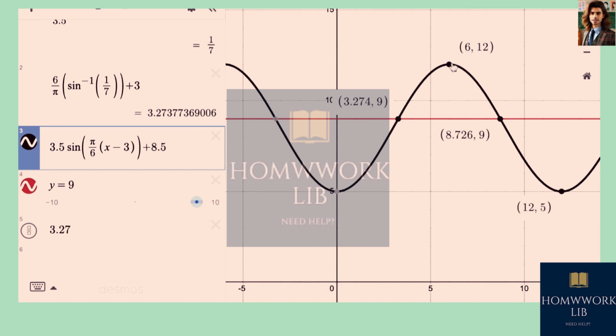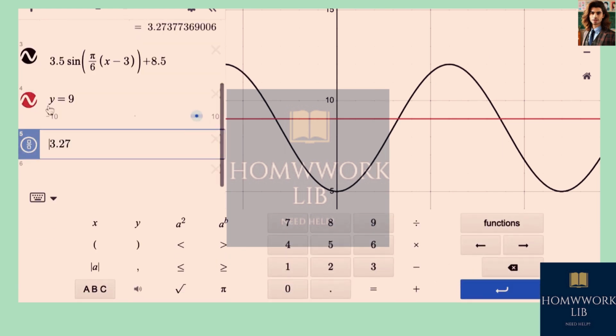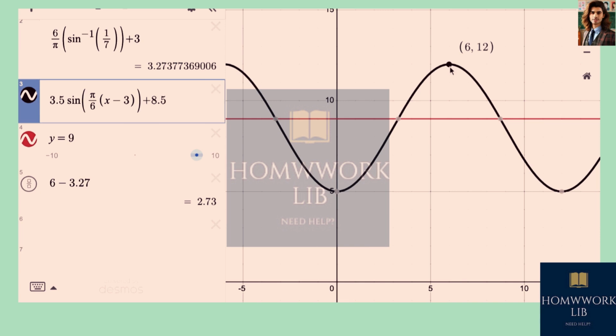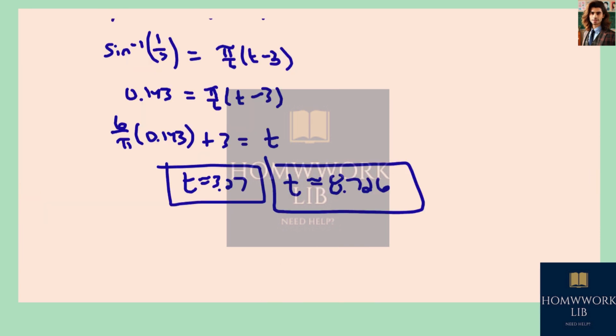And then this midline at 6, the difference between 6 and 3.27 is going to be the same on the other side. 6 plus the difference between 6 and 3.27 is 2.73, so then we would add 2.73 to 6, which is 8.73. I'll go ahead and write it to 2 decimal places.